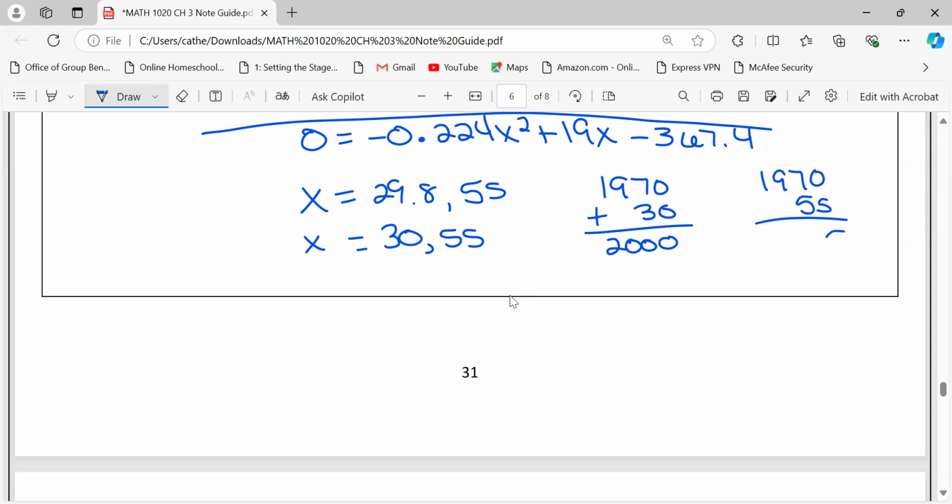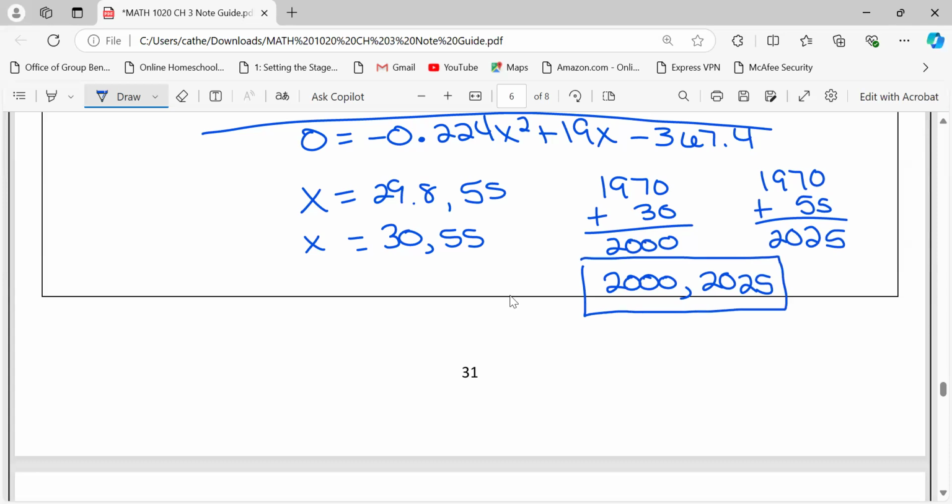Add 55 here. So this population will be 737.1 million in the year 2000 and in the year 2025. So the population is going to increase and then start decreasing.